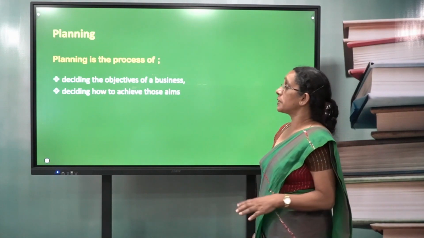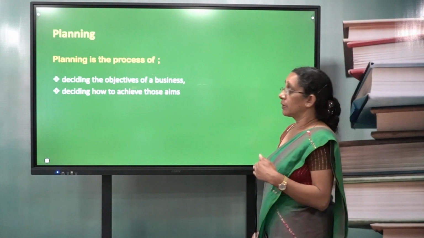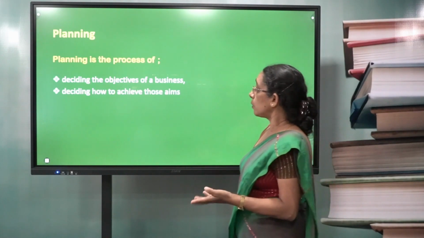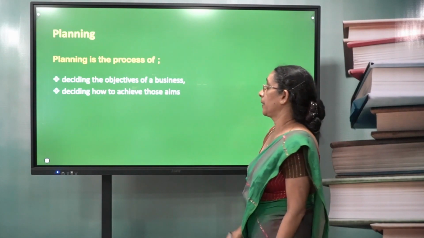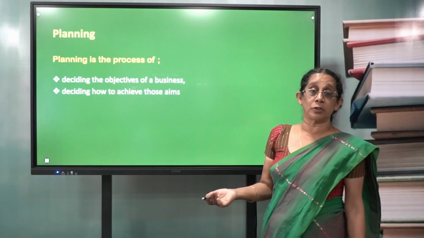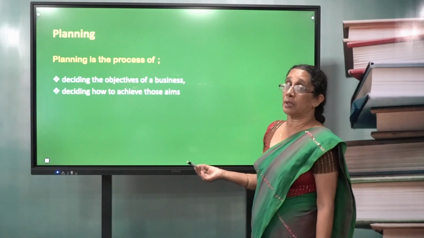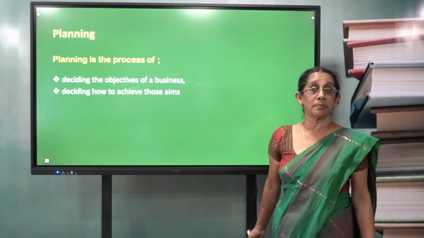Now, objectives are set and decided. Then, you should find out the ways how you are going to achieve those aims. Now, if you want to increase the profits of business by providing quality goods to the customers, then imagine it's a shoe manufacturing business.